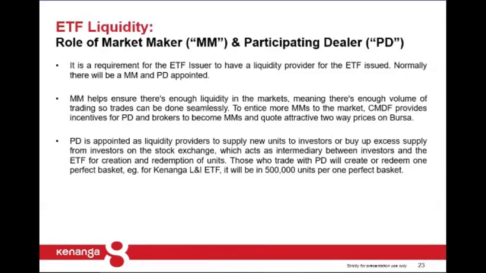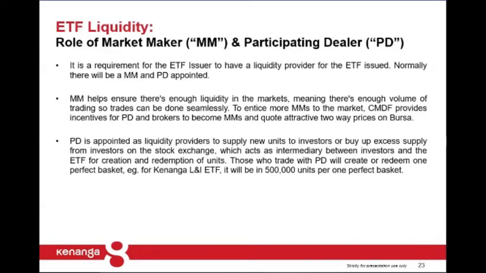So when there are new issuances, new creation of units, the participating dealers are the ones who are responsible for the issuance and putting that onto the market. And likewise for cancellation of units as well, whereas the market maker tends to operate more in the secondary markets, where they really do the intermediary function.